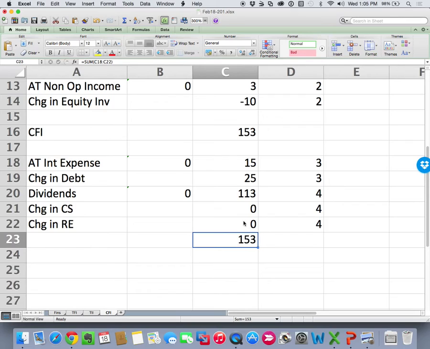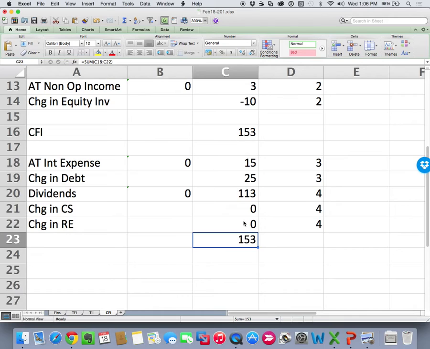Why is retained earnings not supposed to be there at all? It's that we've already accounted for it. Yep. This is not a flow. It's not a cash flow. It's a change in a non-cash account. Retained earnings is a plug. It's a change in a plug. And so therefore, just like net income, it's not a cash flow.